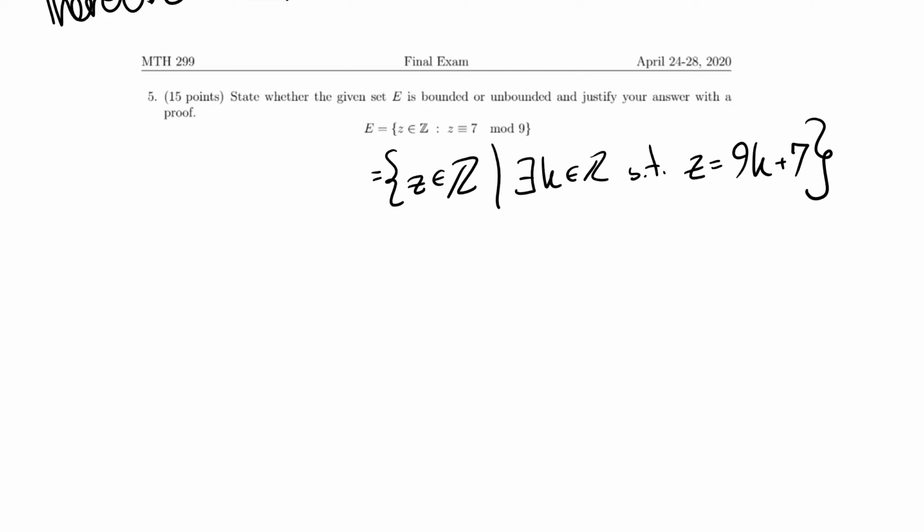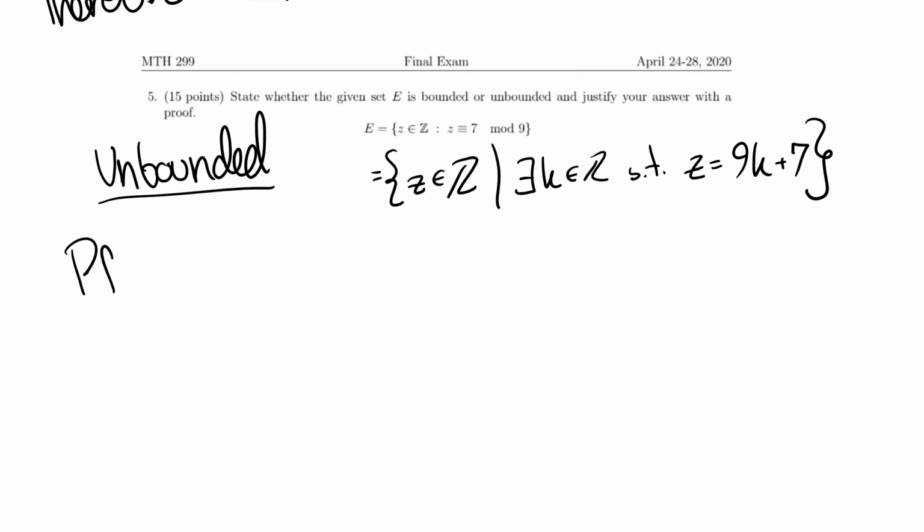That is certainly unbounded, because you could make k however big you want, and that would make z big. Okay, but let's prove it now. I'm going to say unbounded. Somewhere when you're writing this proof, either before you write the proof or in the proof, you want to mention what the definition of bounded is.